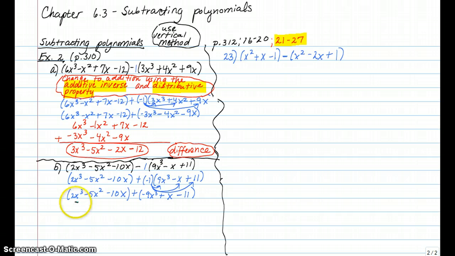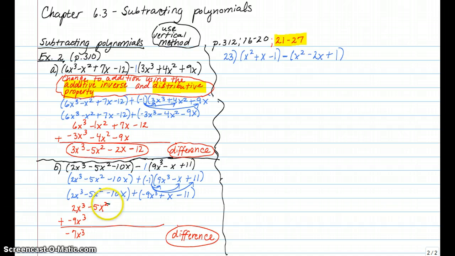So we identify what's alike. So 2x cubed is like negative 9x cubed. We're adding now instead of subtracting. However, we will still find the difference. 2x cubed and negative 9x cubed is negative 7x cubed. And then we bring down our minus 5x squared.